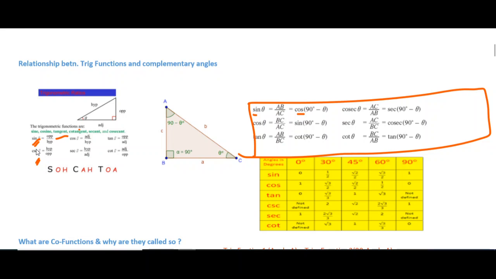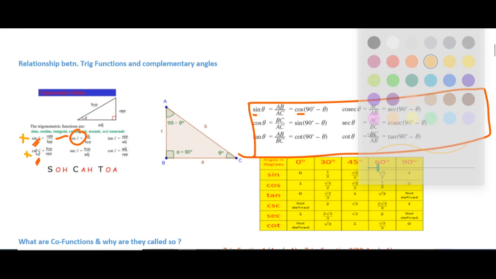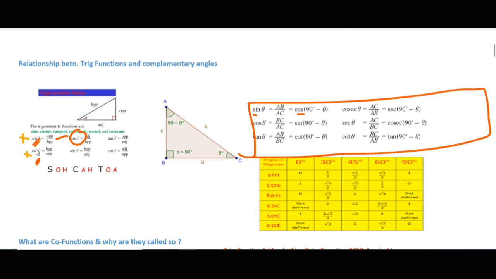Let me take a different marker, hold on. This and this are reciprocal, whereas this and this are cofunctions. So always remember that.